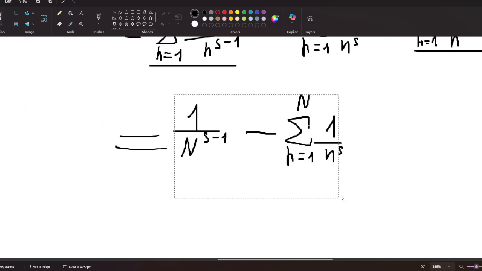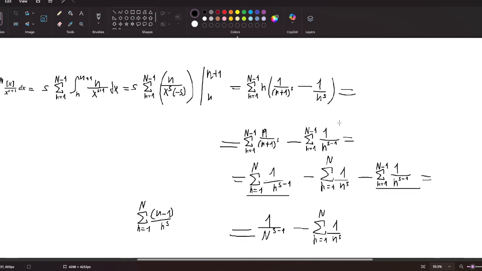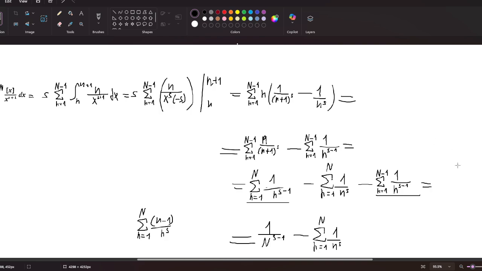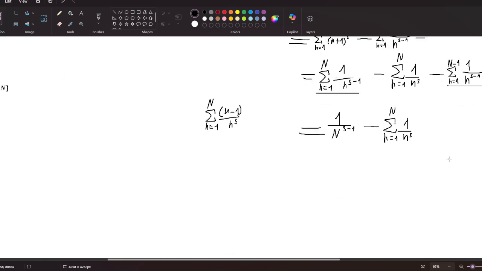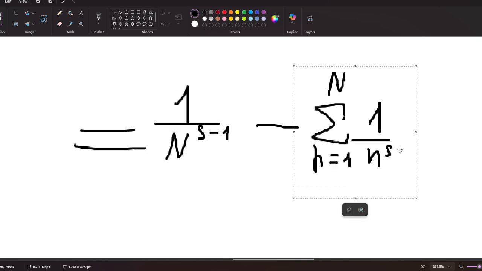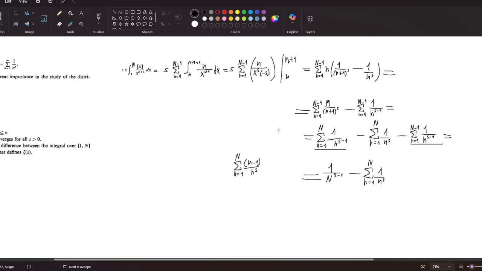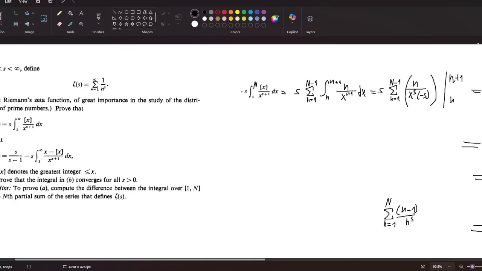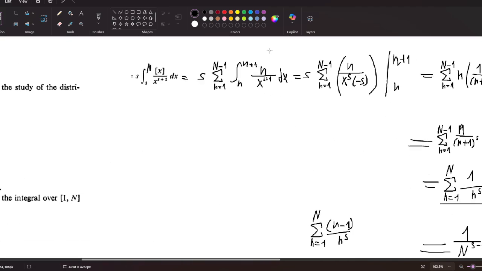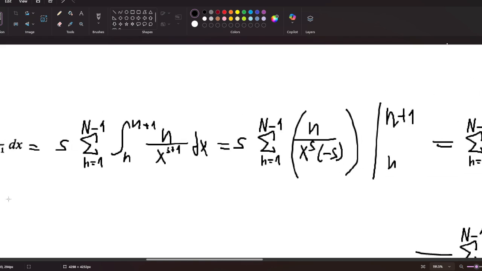I mean, it feels right. I mean, no, it doesn't feel right. I'm getting too many repetitions because this over here is the negative of the Riemann zeta function. That would imply that this integral converges to minus zeta function. So let's look into where we could have made a mistake here.